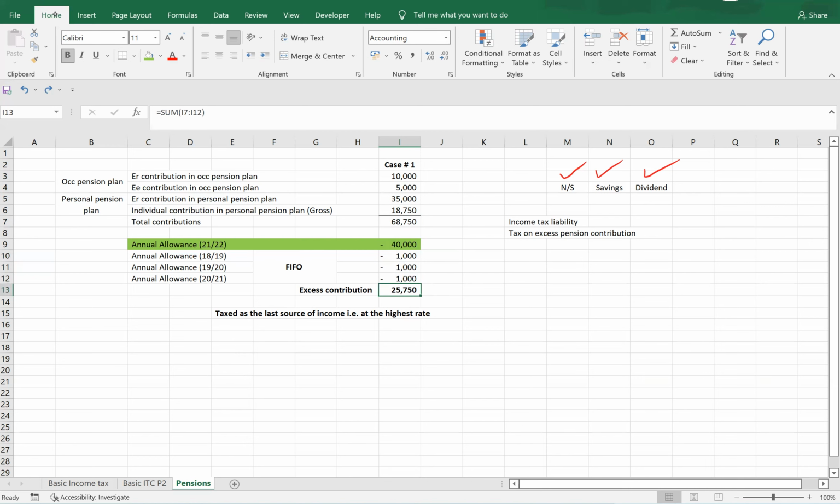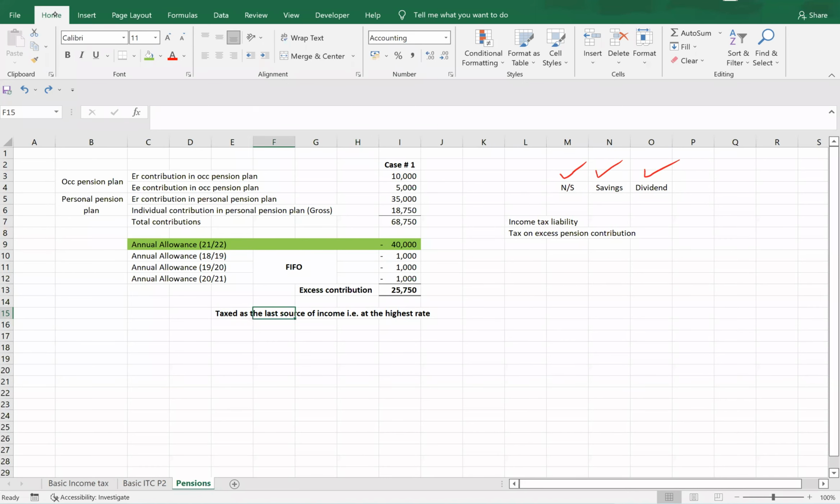And this will consume the band. But like I said, at the highest rate. Highest rate means after non-savings, savings, dividend, all incomes have been taxed the way I've taught you in the first few lectures. Once you've taxed everything, that is when you tax the excess contribution, just the same way. By the way, remember one thing. We have looked at two different rates, normal rate and dividend rate.